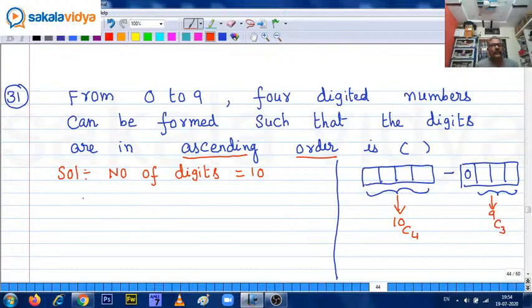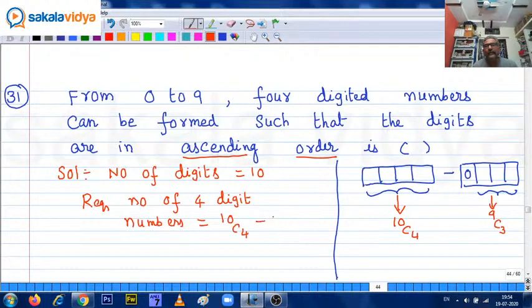So therefore write down: required number of 4-digit numbers equals 10C4 minus 9C3. This is the answer.